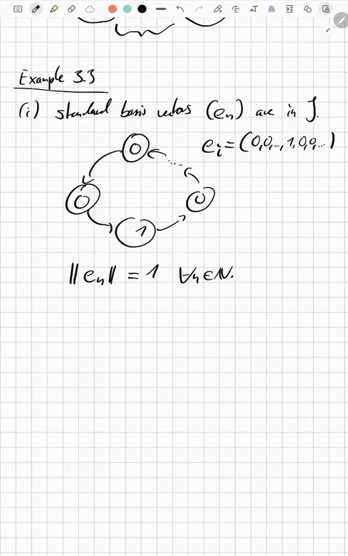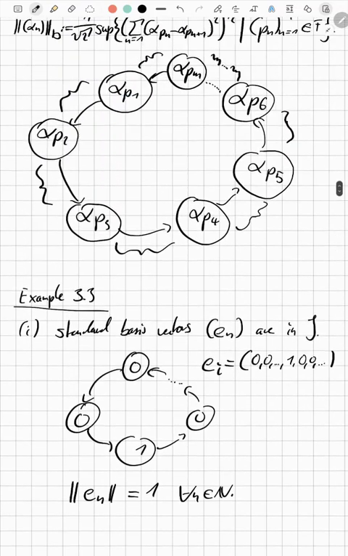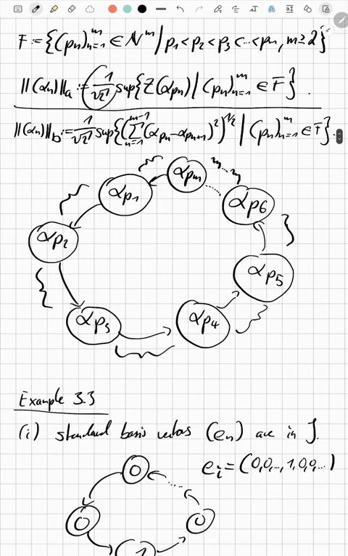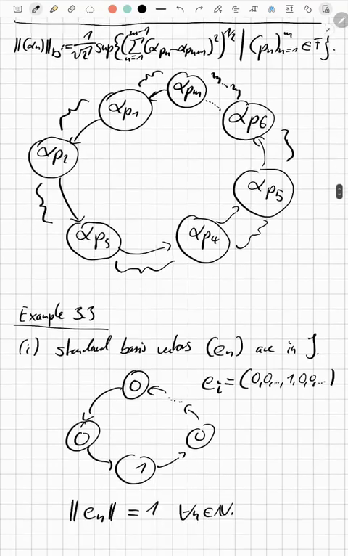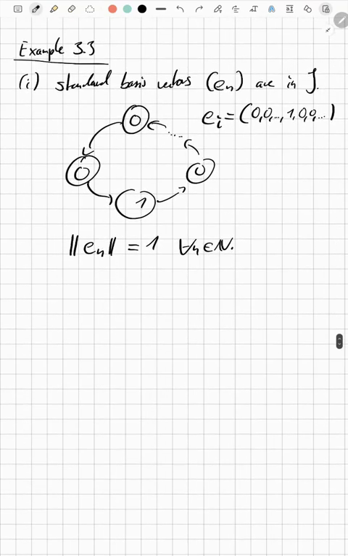And this is why it's important to have this 1 over square root of 2 at the very beginning of the definition. Because if that would not be there, then these basis vectors would not be normalized. You can verify this mathematically yourself if you want. All you have to do is consider different cases, like if we only have zeros in this subsequence, or if the 1 is at the very end or very beginning, and stuff like that. You will figure it out.